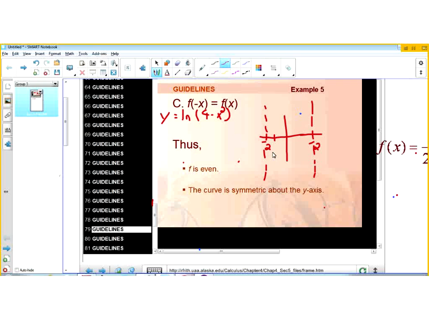That's a +2. So we have an x-intercept at negative square root of 3, an x-intercept at the square root of 3, and at x equals 0, we'll have the natural log of 4.